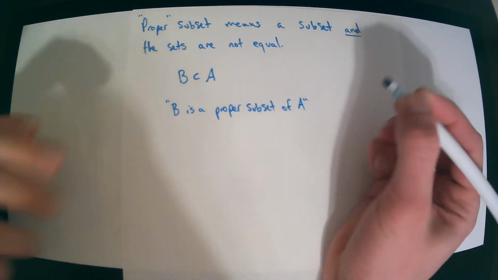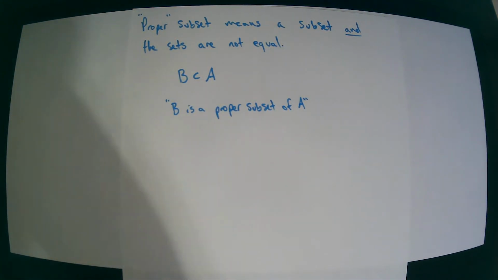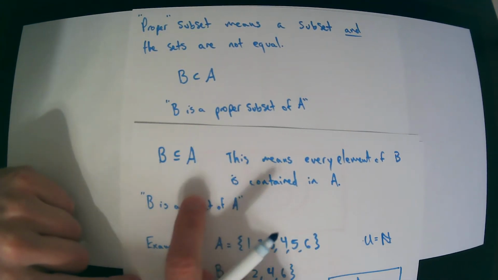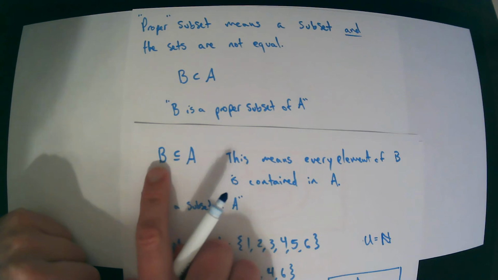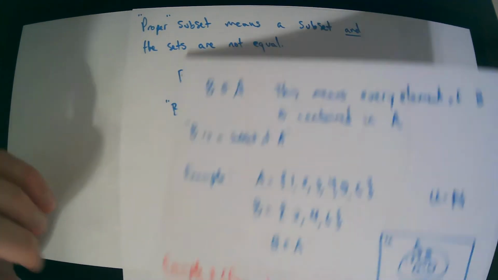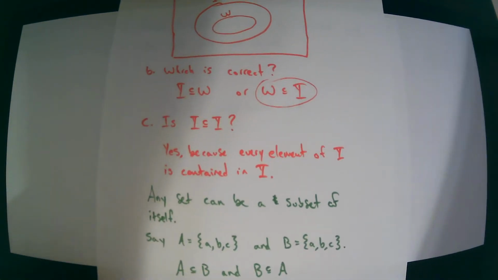Remember earlier when I said you can think of the subset definition as being less than or equal to, like B is a subset of A. This little symbol is kind of like less than or equal to. It's smaller or it's the same size, right? Because the or the same size thing occurs right here when the sets are equal.